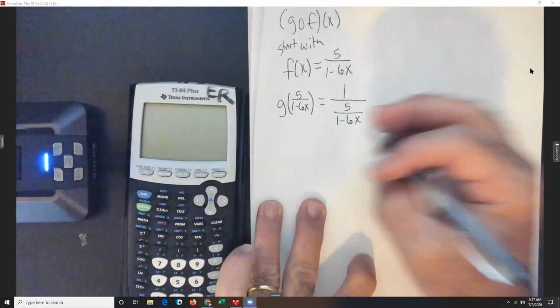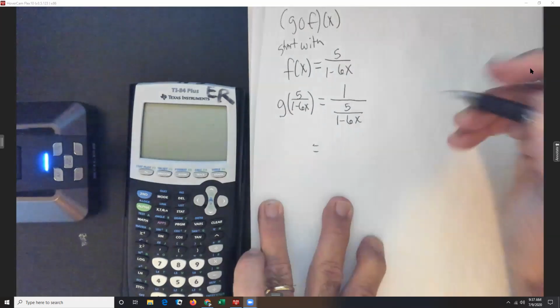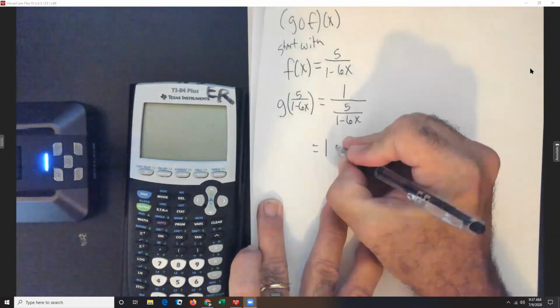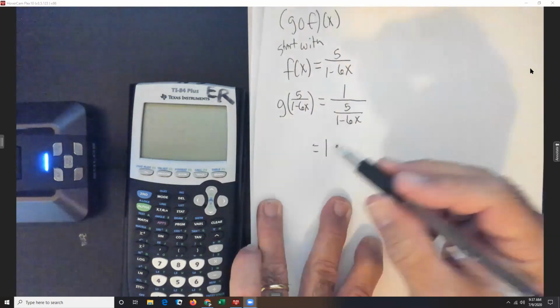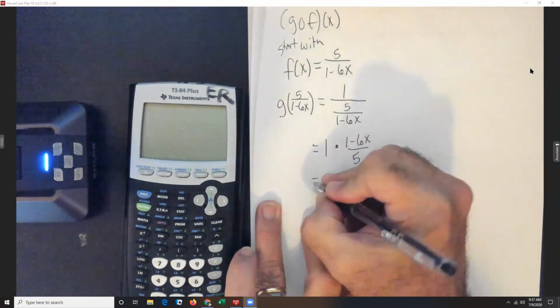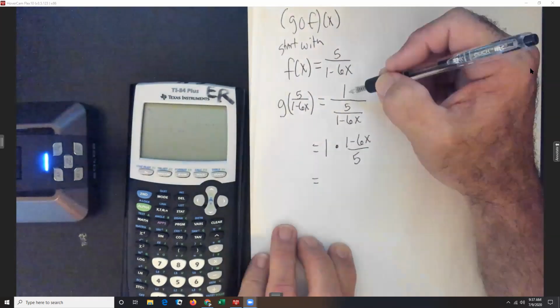So y'all, since this is basically one fraction on the bottom, I'm going to take that 1, change it from division to multiplication. And when I do that, I got to flip it. So I get 1 minus 6x over the 5. So I always take these and change them out of division into multiplication.